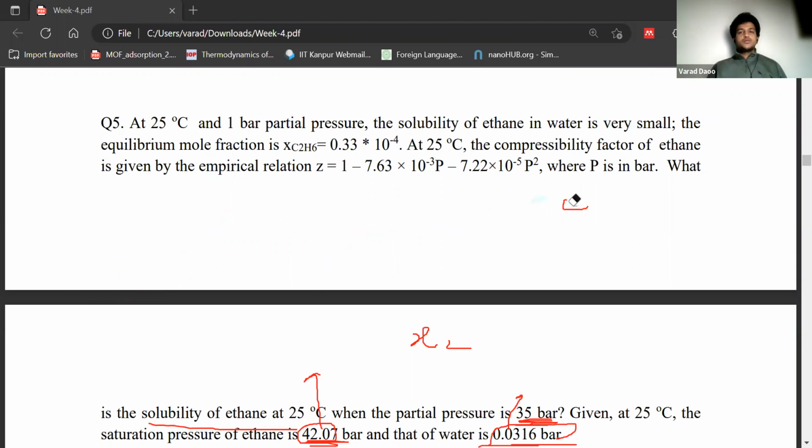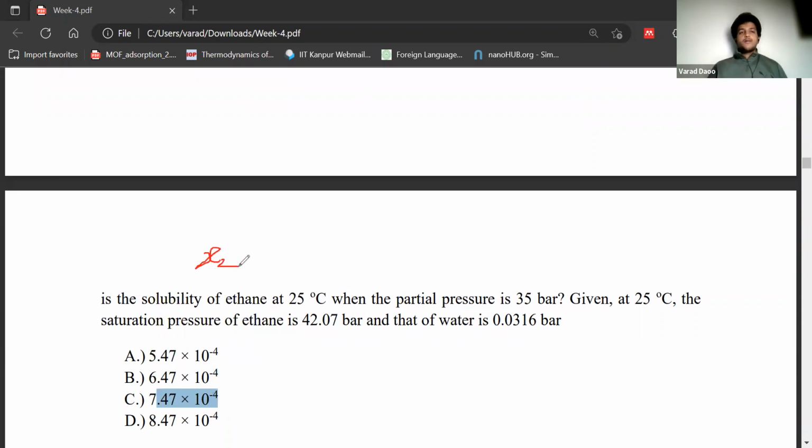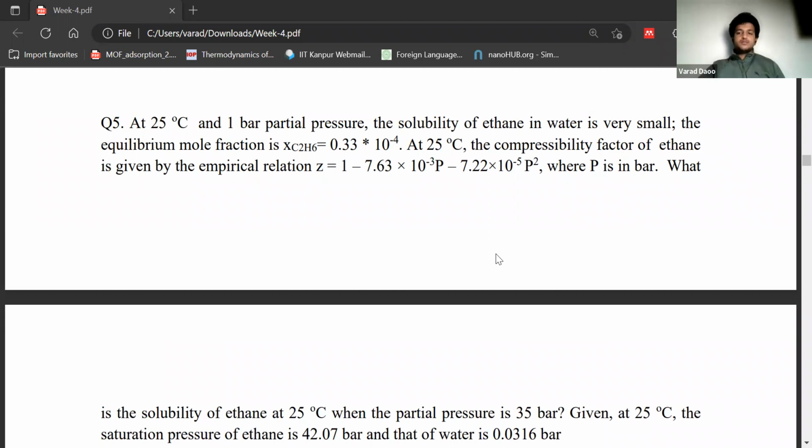I hope the question is clear to everyone. If anybody has any doubt, they can ask. These are the options. This is nothing but the final x2 values. The x2 is equal to what? I'll give you a couple of minutes to solve it.